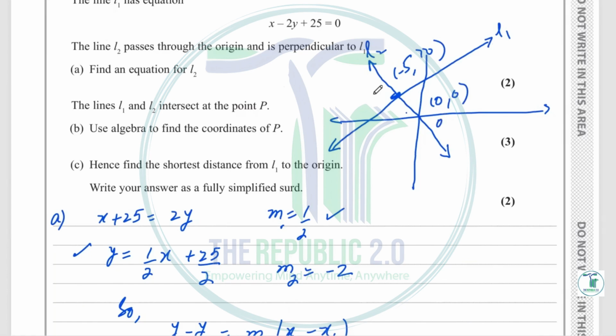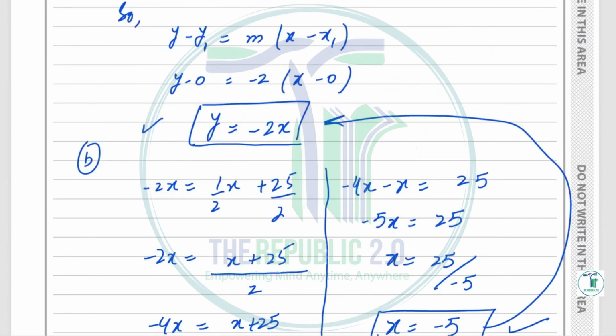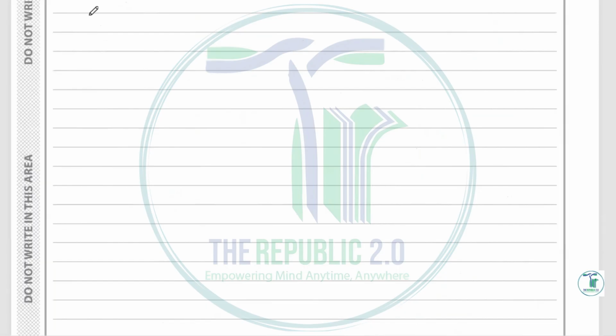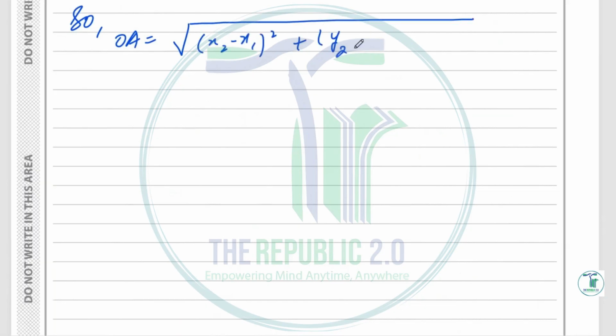So OA, right? We just need to calculate the distance OA. So OA is going to be the square root of x2 minus x1 squared plus y2 minus y1 squared.